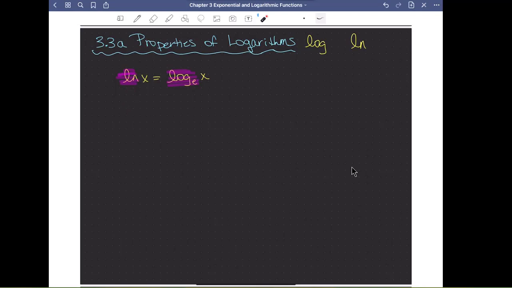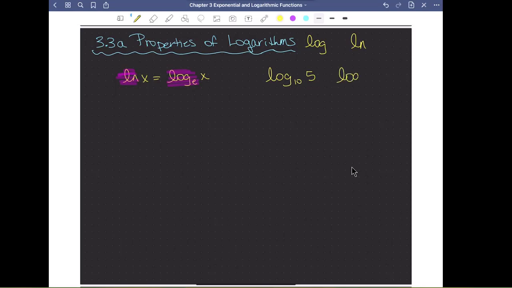We do the same thing when it comes to log base 10. If we had log base 10 of, I don't know, let's say 5, right? Sometimes instead of writing that with the base of 10, since we are in a base 10 system, that's how we count, right? 1, 2, 3, 4, 5, 6, 7, 8, 9, 10. And then at that 10, we moved over a whole unit.